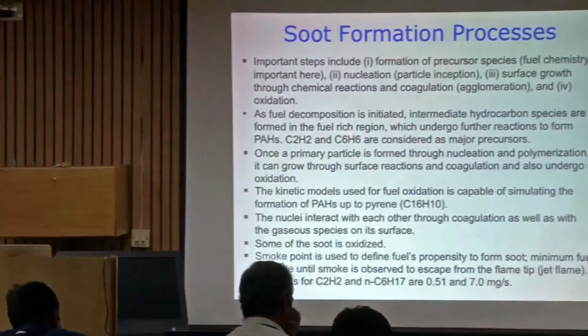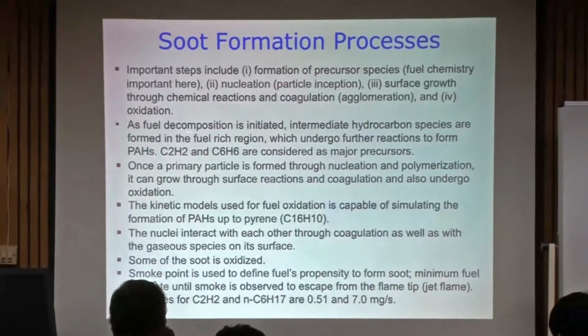So surface growth is the third process, through chemical reactions and agglomeration. And the fourth major step is the oxidation of the soot. Now the models are appearing. People are starting to report models which can model all these processes. These are some of the details of the first bullet.